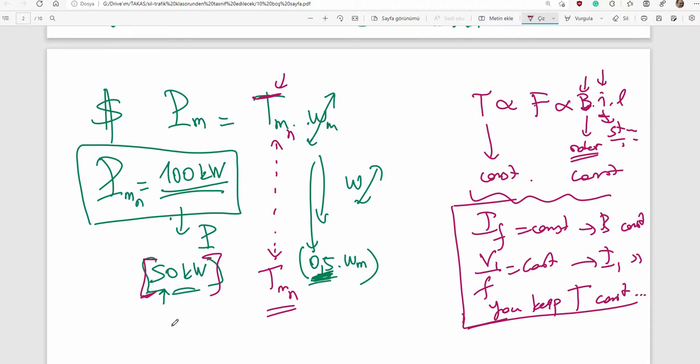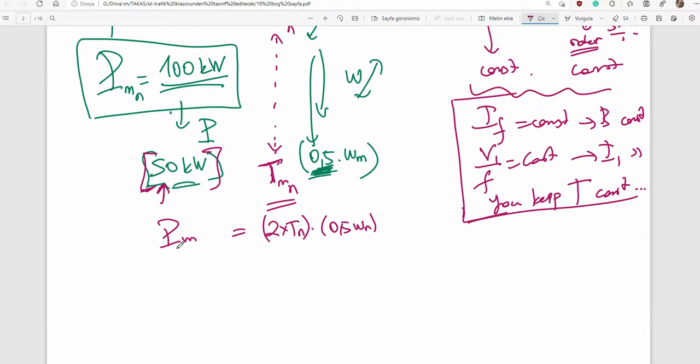You cannot keep output power constant because you cannot increase torque. For example, if you managed speed decrease here and then let's say double torque output, in such a case mechanical output would be kept constant, but there will be saturation, gentlemen.